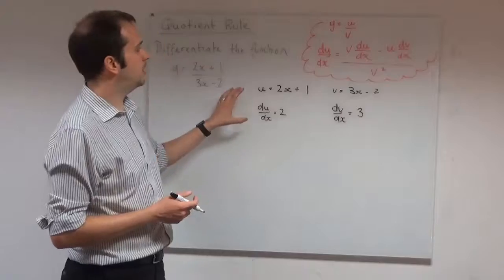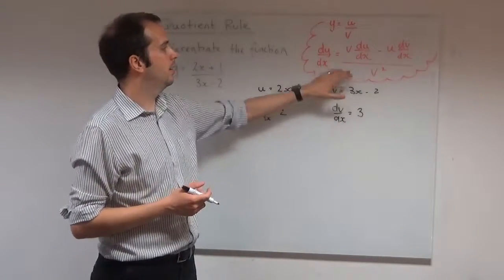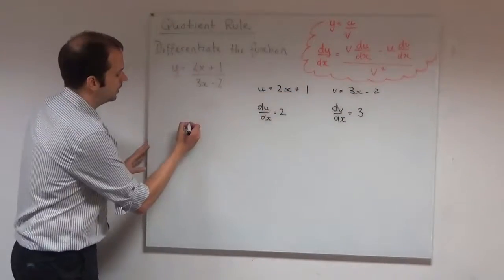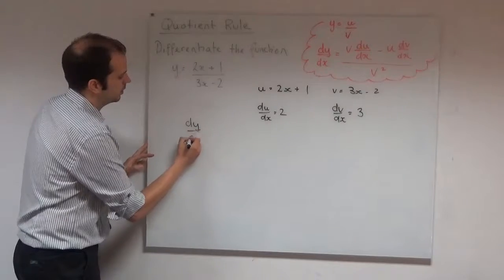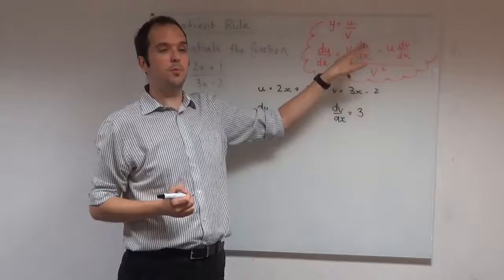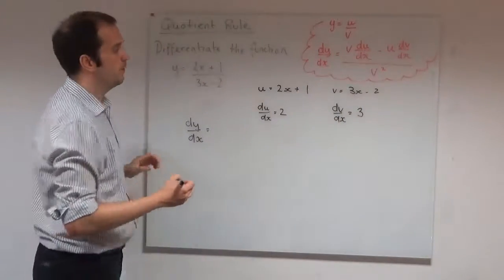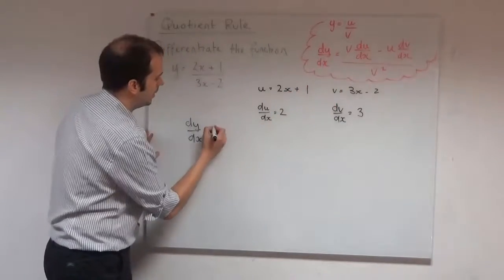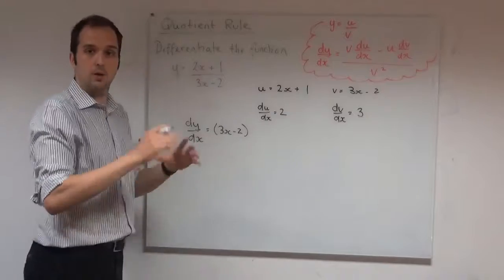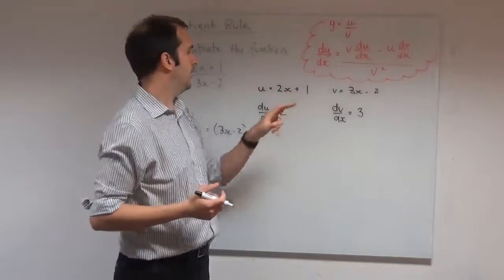I can now just substitute our u, our v, our du by dx, our dv by dx back into our quotient rule. So our quotient rule tells us that dy by dx is equal to v du by dx minus u dv by dx. So let's put those values in first. So v is 3x minus 2, and I'm putting all that in a bracket, multiplied by du by dx.